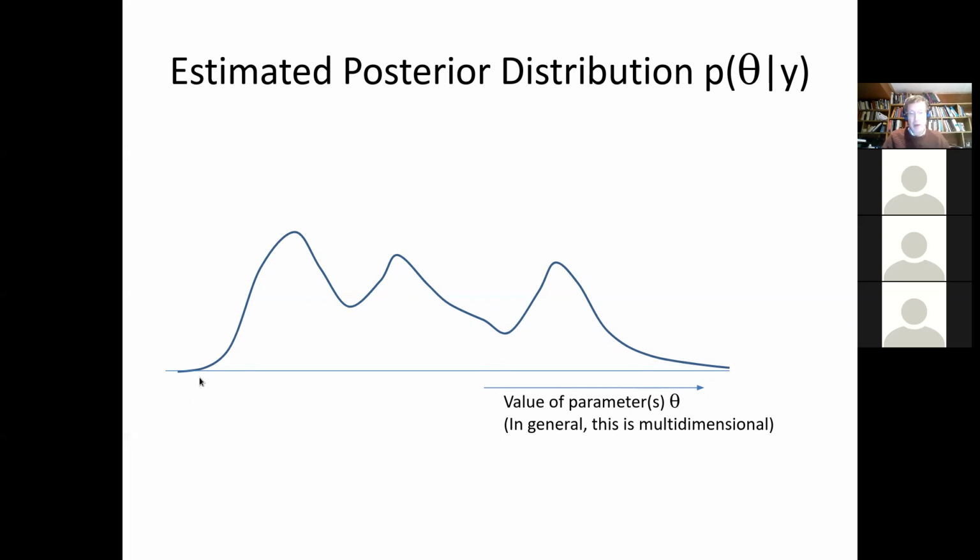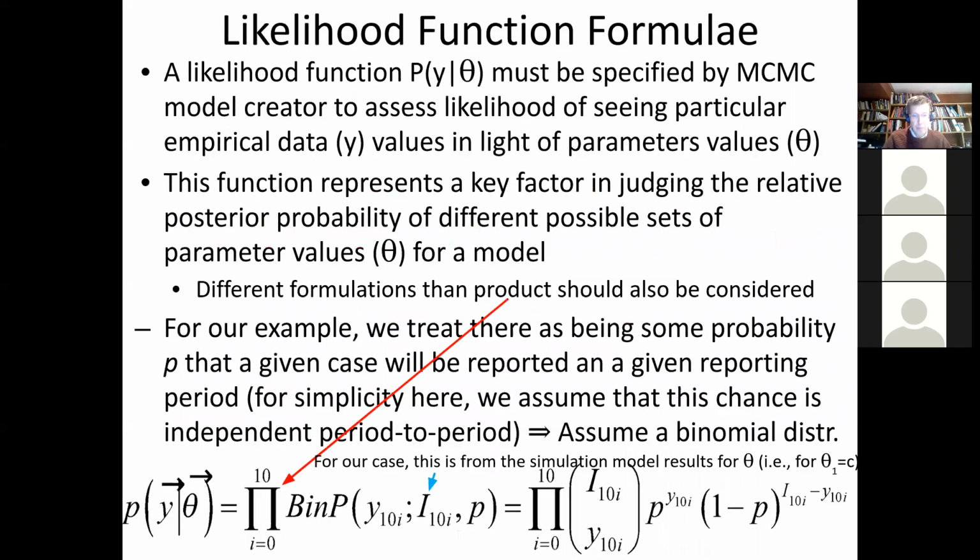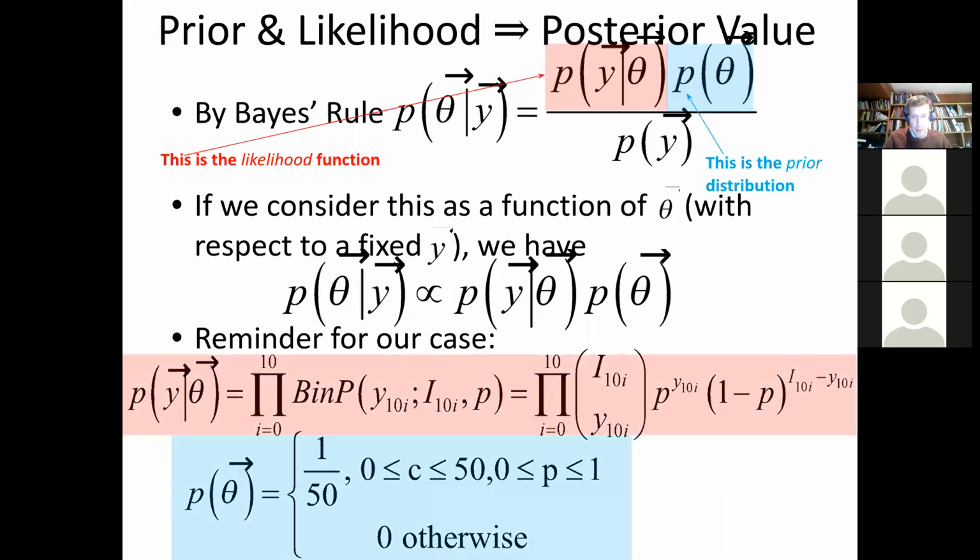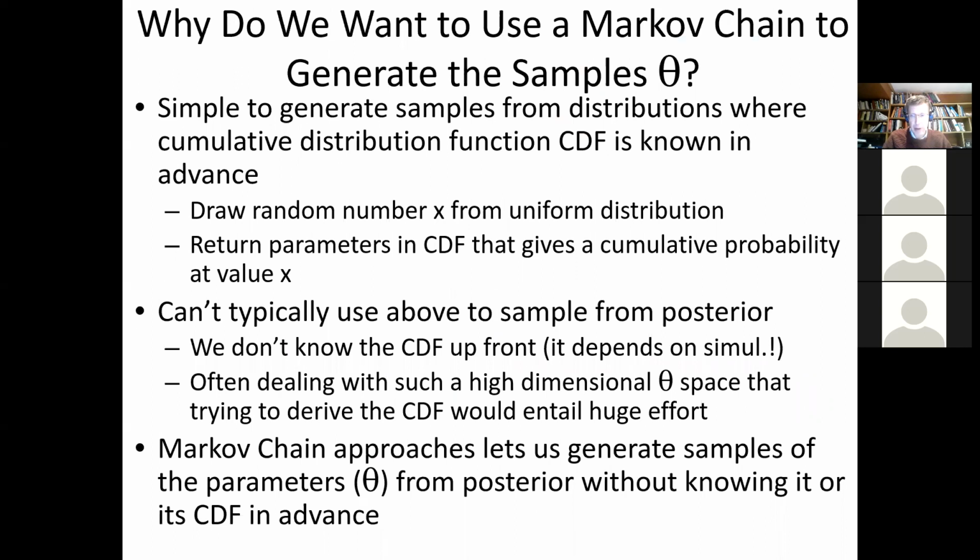That's what MCMC gives us. If we have a way of telling the value of this at every point up to a constant multiple, it will give us a way of sampling from it. That's what MCMC is all about. At first that may seem unimpressive, but it turns out it's really impressive. So we're going to use a Markov chain to generate these samples, okay?